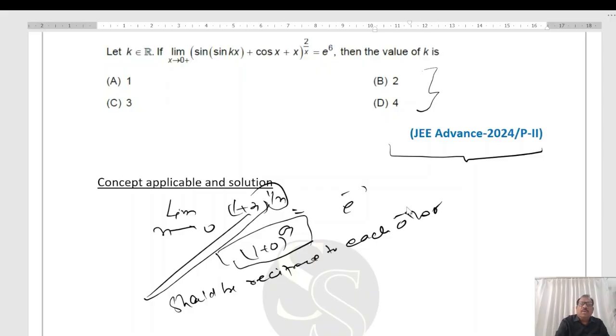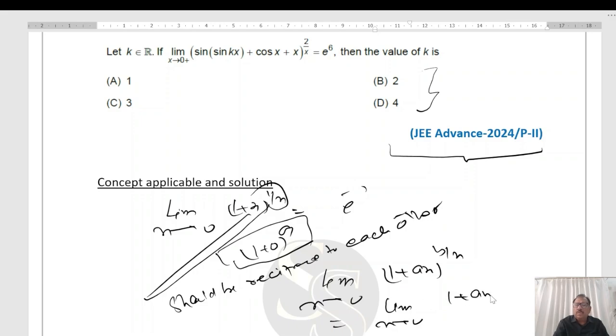Now, let limit x tends to 0, (1 plus ax) to the power b upon x. Answer will be limit x tends to 0, (1 plus ax), raise its reciprocal, 1 over ax, right? ax into b by x.